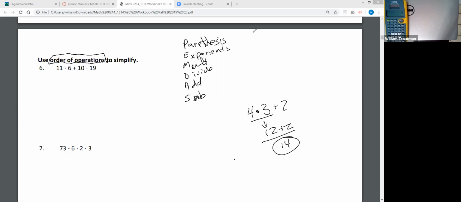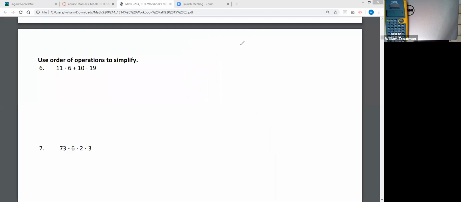Okay, so I have another question. Here we go. Whoever types their answer in first wins 1,000,000 bonus points. Okay. Let me write down the parentheses, exponents, multiply, divide, add, and subtract.